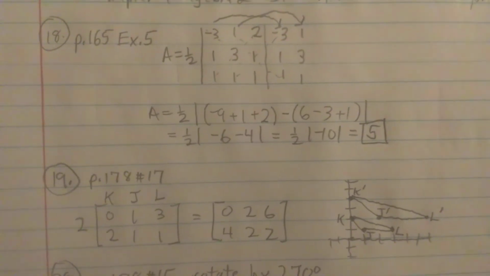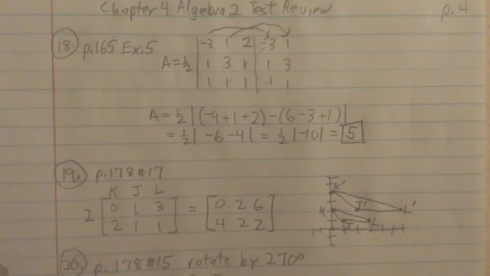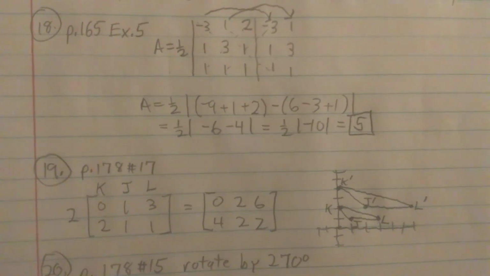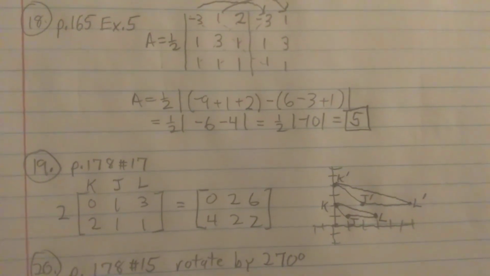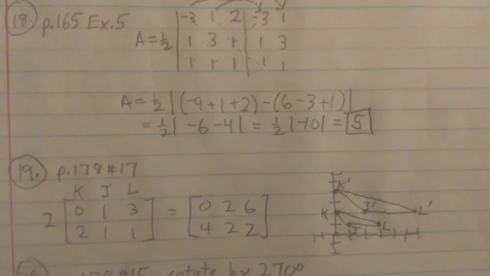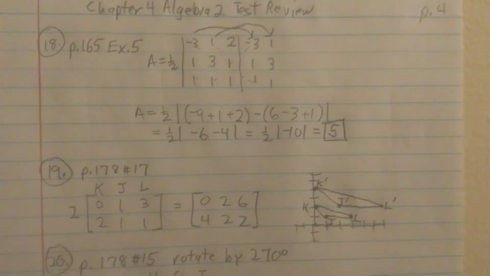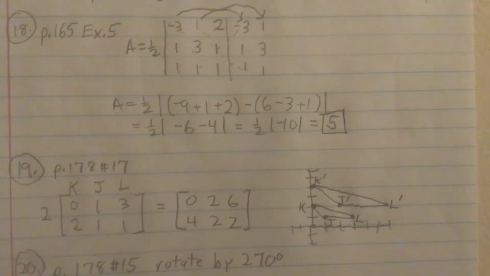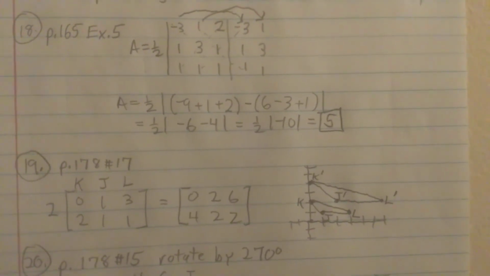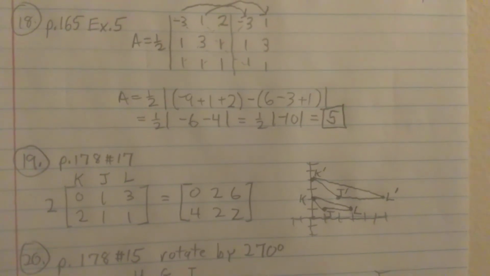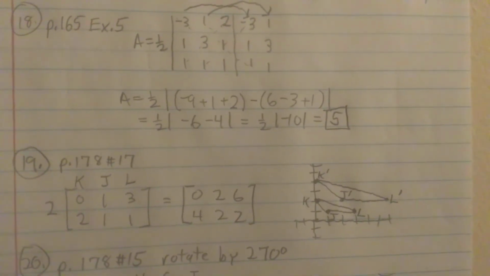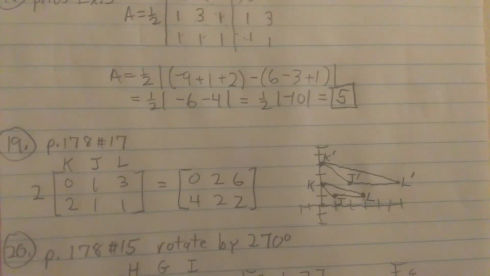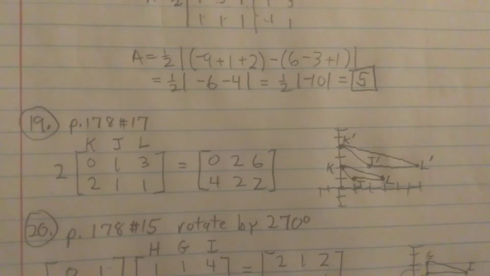And for the area, now we take 1/2 the absolute value of the determinant, which is -3 times 3 times 1, or -9, 1 times 1 times 1, or 1, 2 times 1 times 1, or 2, minus, coming up now, 1 times 3 times 2, 6, plus 1 times 1 times -3, -3, plus 1 times 1 times 1. So 1/2 the absolute value of -6 minus 4, or 1/2 the absolute value of -10, which is 5 square units.